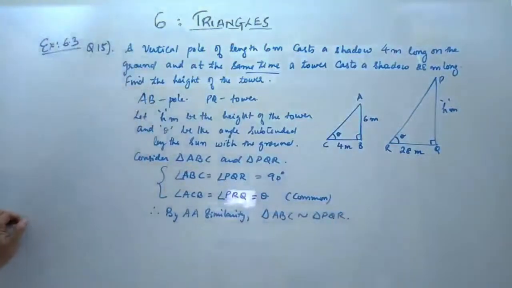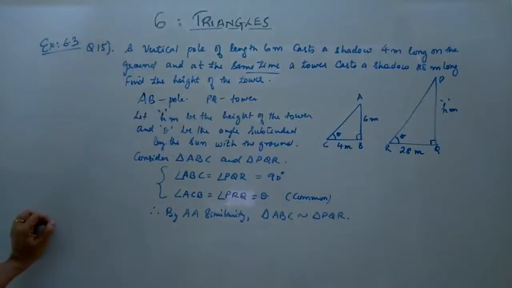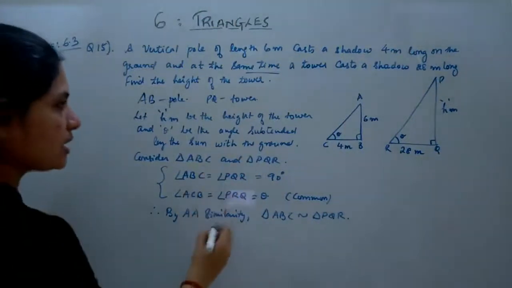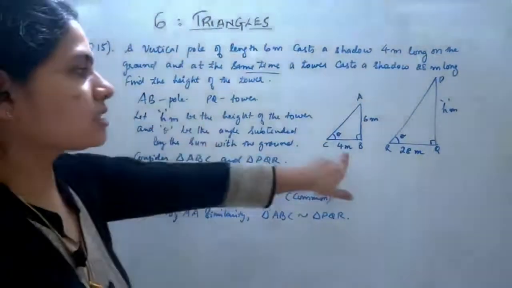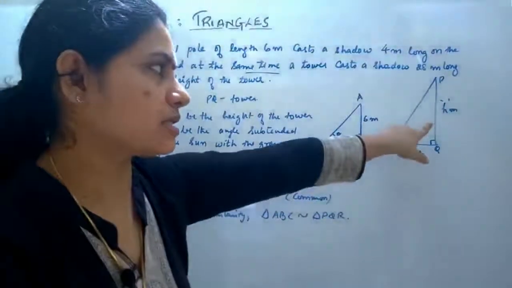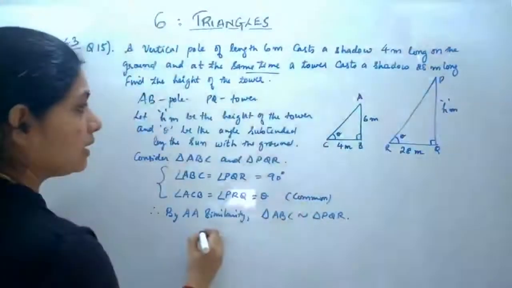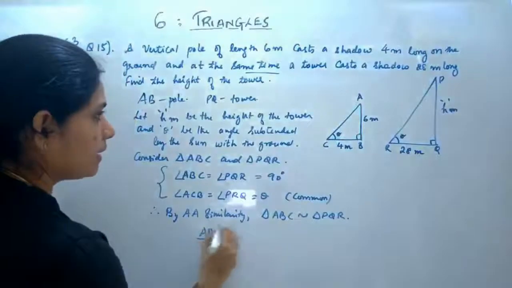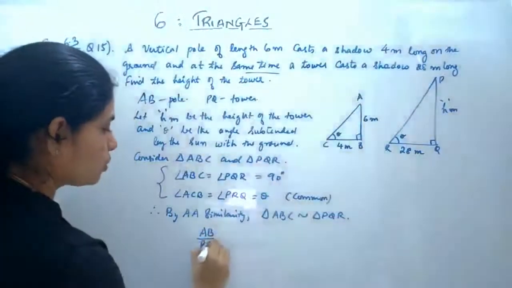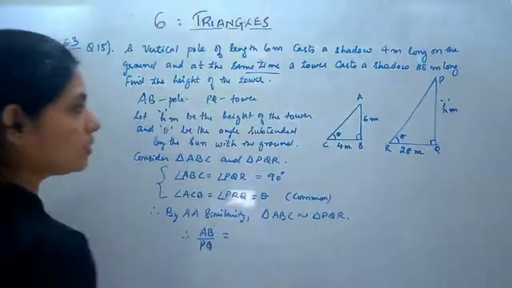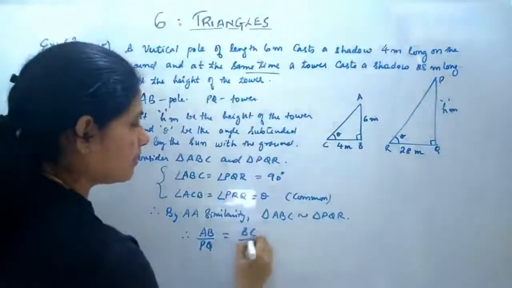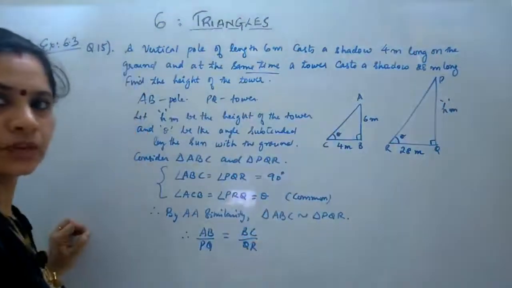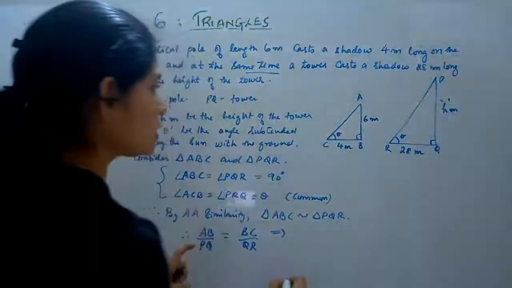Now since they are similar, the corresponding sides will be equal. So which are the corresponding sides which we need? That means the known and the unknown part should come. Okay, so we can say AB by PQ is equal to BC by QR, which implies, what is AB?